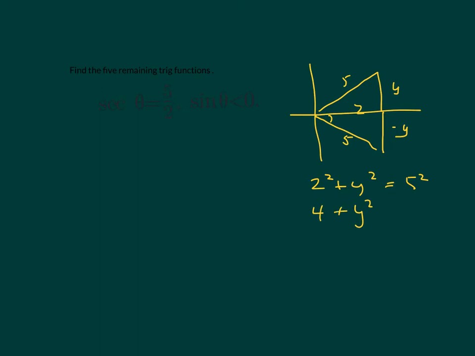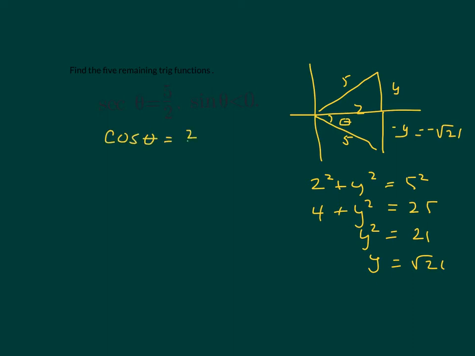So that's 4 plus y squared equals 25. And we get y squared equals 21, so y is the square root of 21. And so this is going to be negative root 21, and that's our actual theta, the one in the fourth quadrant.